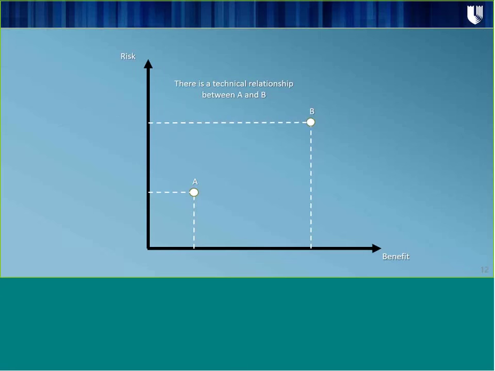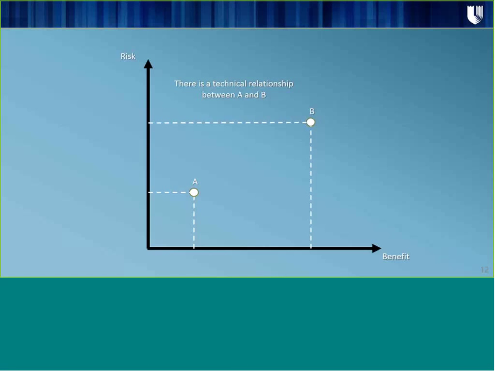And so going back to something that I believe we presented in one of the previous sessions, you can imagine that in a benefit-risk evaluation, you're going to be comparing different profiles of treatments or medical interventions. These profiles have a technical relationship between benefits and risks, which we take as given.